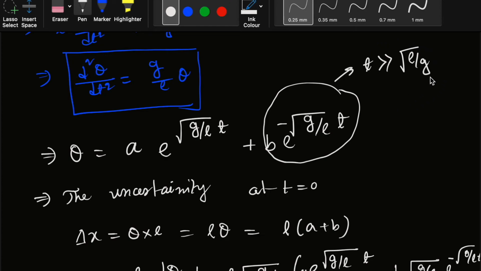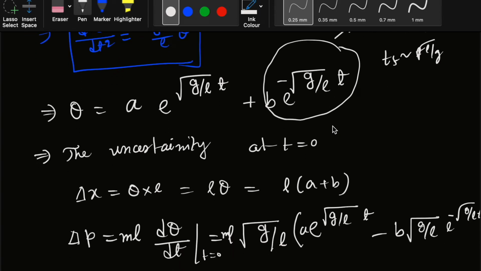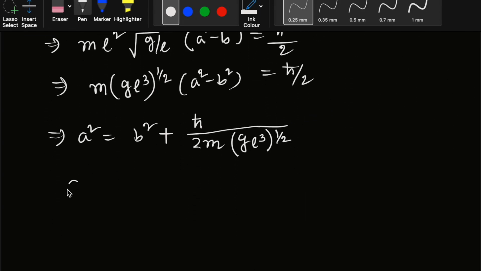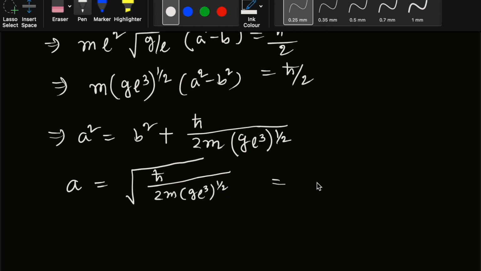If we want t_f in the order of root over l by g, then this term has no meaning, that means we can set b equal to 0, and in that limit we can write a equal to root over h cut by 2m g l to the power half. Clearly here, h cut by 2m g l to the power half.